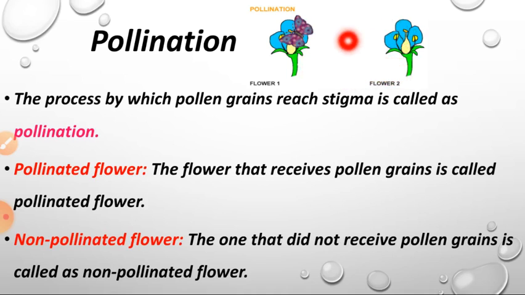For example, in the picture, this flower receives pollen grains from the male flower, so it is known as a pollinated flower. If a flower does not receive pollen grains, it is called a non-pollinated flower, which means the pollination process will not occur in that flower.